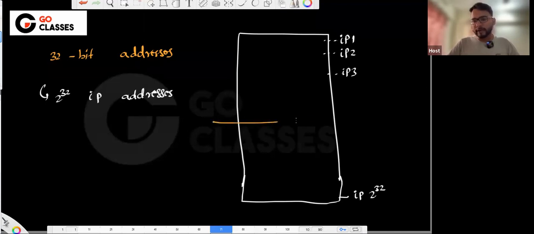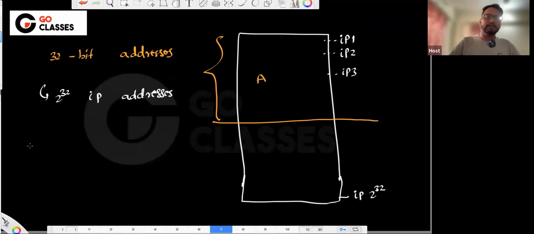I am dividing into just one half, and I am saying this first half belongs to one class, which is class A. So I'm dividing my whole IP address space into 2 parts based on the bit that I have. This is 32 bits long, right?